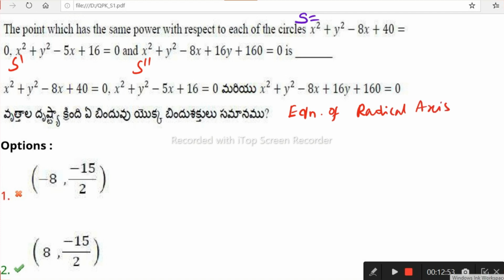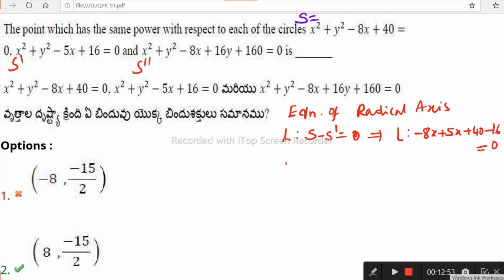I am taking it as L, with respect to the 2 circles. What is the radical axis equation? S minus S dash is equal to 0. Taking the 2 circles S and S dash, from this L as the difference of S and S dash, x square cancels, y square cancels, minus 8x plus 5x, and no y term in the first one, second also no y. 40 minus 16 equals 0.